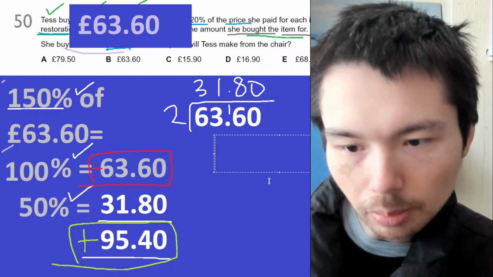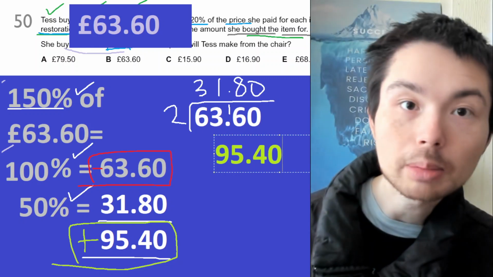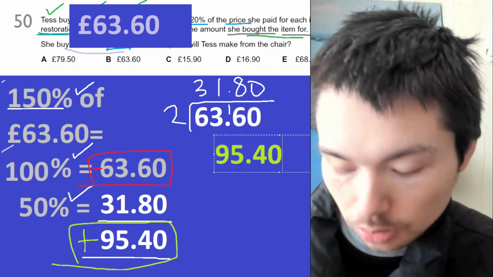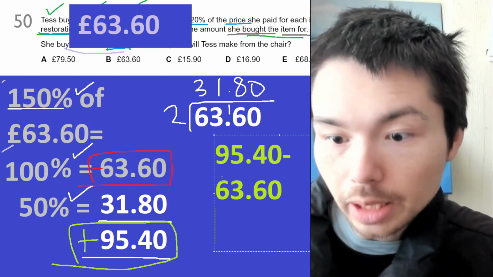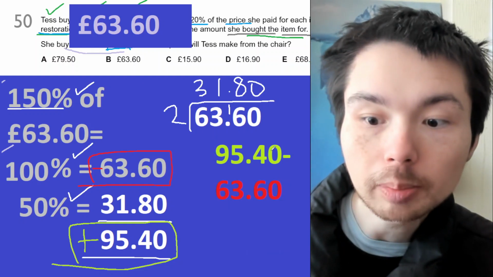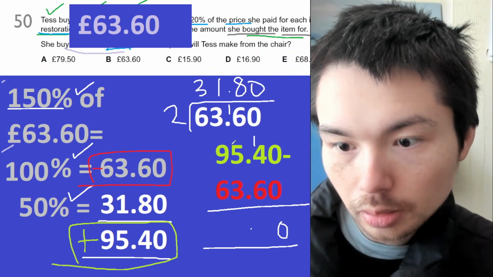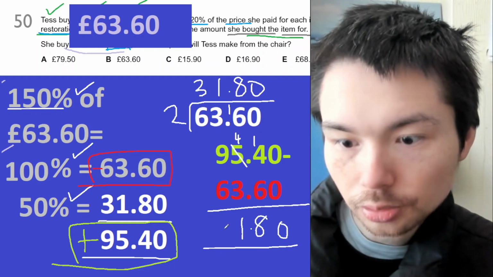We care about that profit. So you need to subtract these two. It's like the green bit, which is the amount you're going up. You've got an extra 95.40, but you've also gone down 63.60. I'll put that in red just to make it easier for the student to see, and then we subtract them. 0 here, 4, 8, 1, 3.